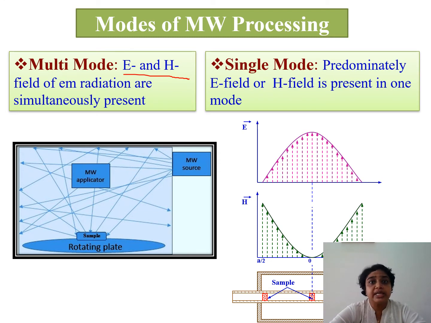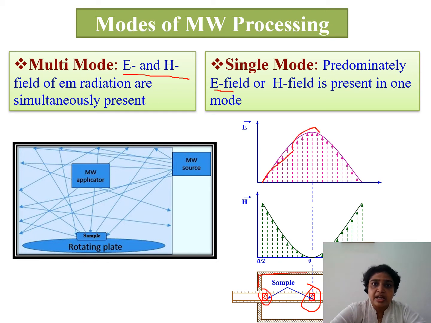Now let's come to the single mode. As I mentioned, single mode means only the E field or the H field is present in one mode. Here a bit of a trick is involved. We need to design a waveguide where the field distribution is such that, suppose it is E field only, at the workpiece location where we keep our sample only E field lines will be present.